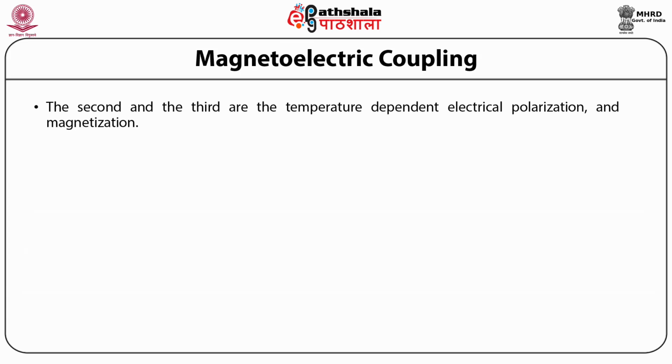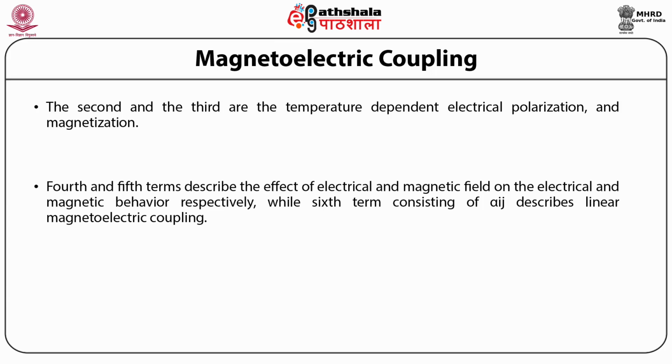The second and the third terms in this equation denote the temperature dependent electrical polarization corresponding to Ei as Pi S, and magnetization corresponding to Hi as Mi S, respectively. The fourth and the fifth terms describe the effect of electrical and magnetic field on the material's electrical and magnetic behavior respectively.